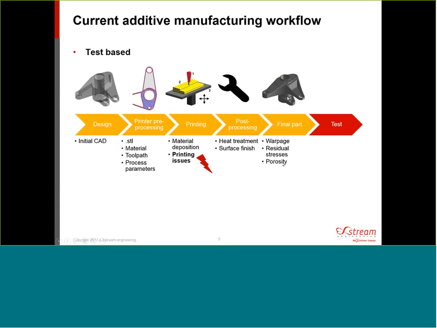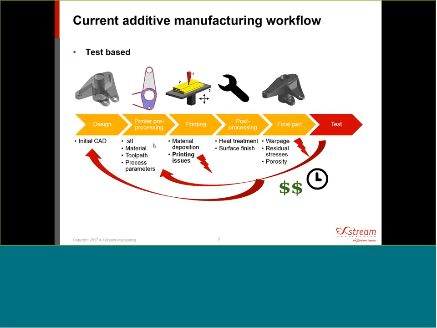If you want to know whether your part actually respects what was initially designed, there is no other solution than to test it. And usually it's not right the first time, so you need to go back, change some process parameters, maybe change your printing strategy or even your material choice. And if this is not sufficient, you may even want to go back to the design step and then go again through the full workflow.